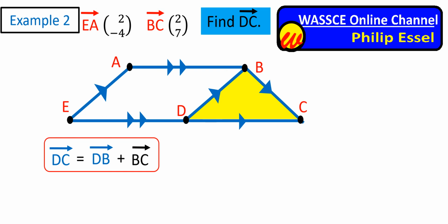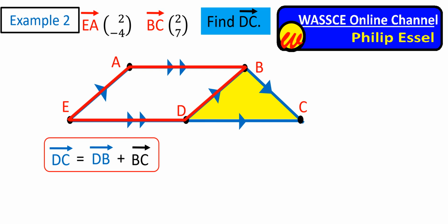Now, a careful look at the diagram given to us reveals that the section ABDE is a parallelogram. And what we know about parallelograms is that opposite sides are equal.